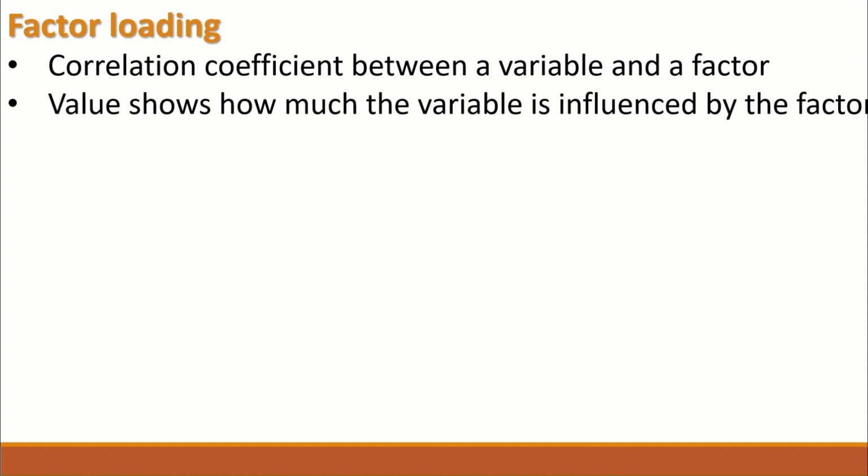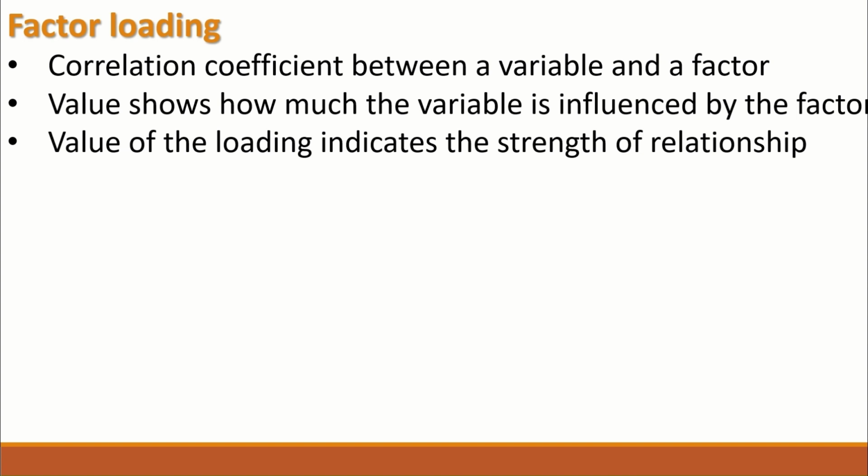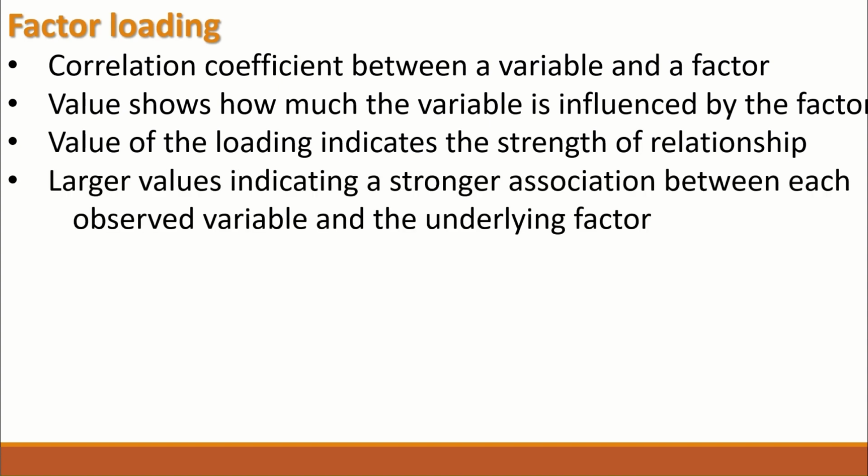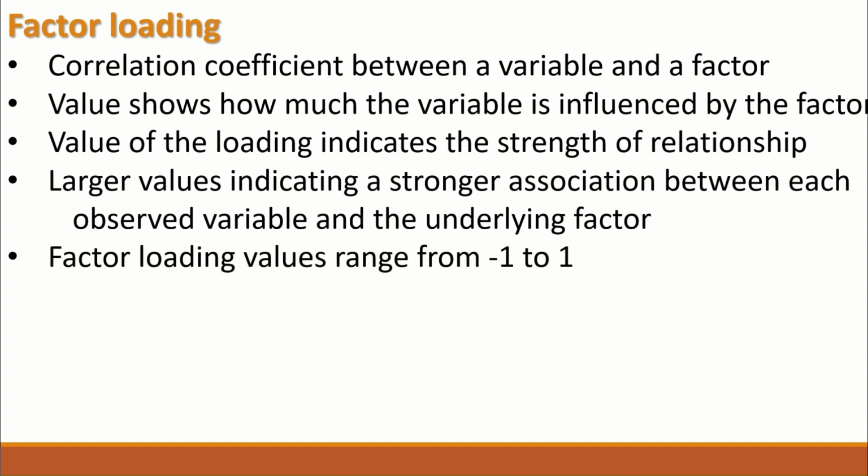The value shows how much the variable is influenced by the factor. It indicates the strength of the relationship between the items and the factors. Larger values indicate a stronger association between the observed variable and the underlying factor.